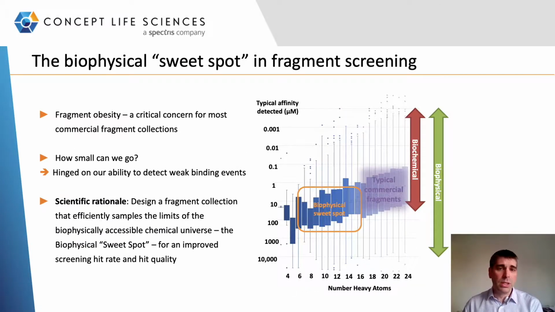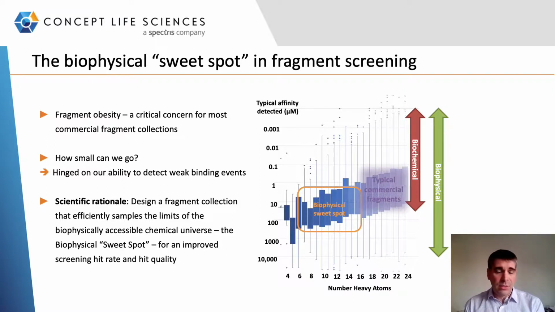The question really, and especially for the CNS, is fragments are obviously small molecules that will give us small hits, but how small can we go in terms of fragment screening? And this will be hinged on our ability to detect very weak binding events, simply because the smaller the molecules, the weaker the binding event associated with it.